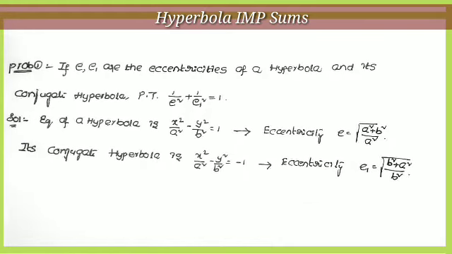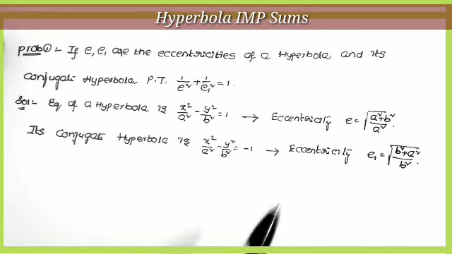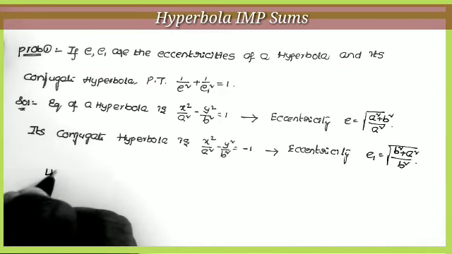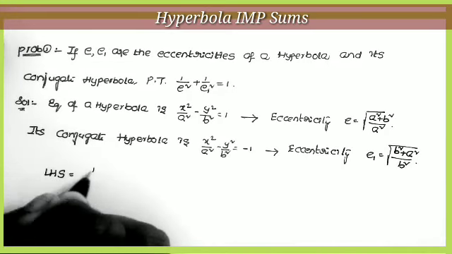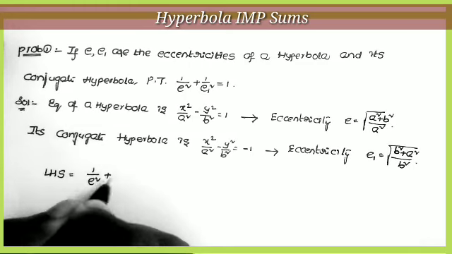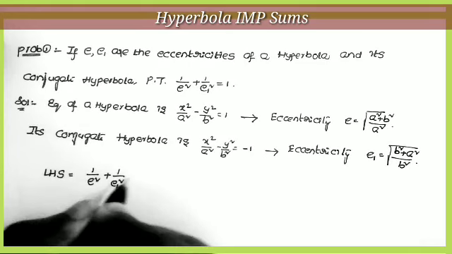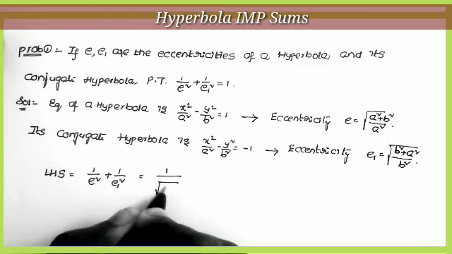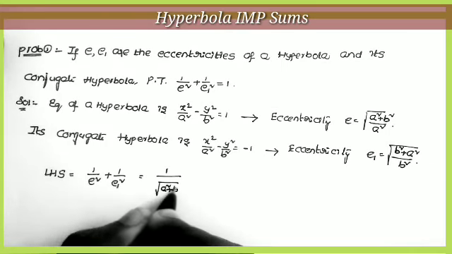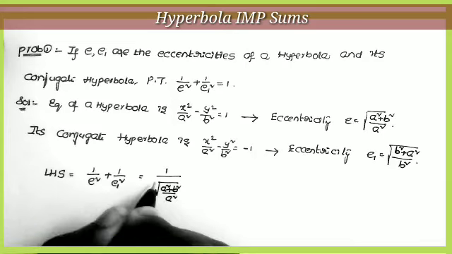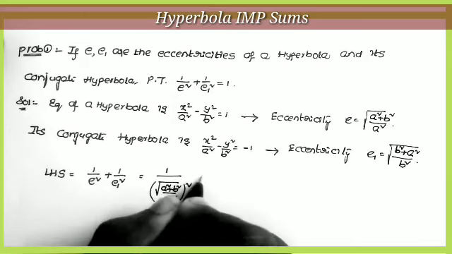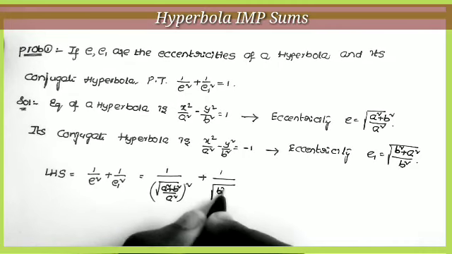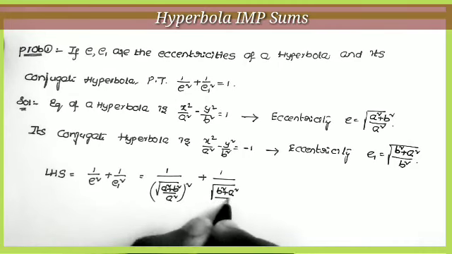First I am taking the values of e and e1, and now replacing the two values in the LHS. The LHS is 1 by e square plus 1 by e1 square. So this is 1 by square root of a square plus b square by a square, whole square, plus 1 by square root of b square plus a square by b square.